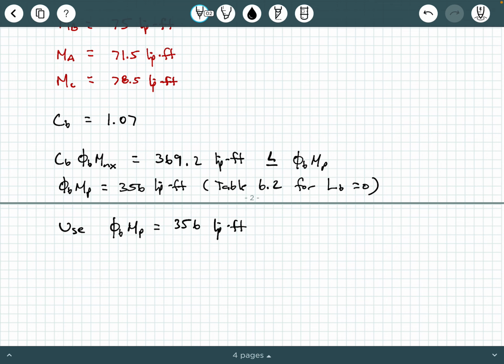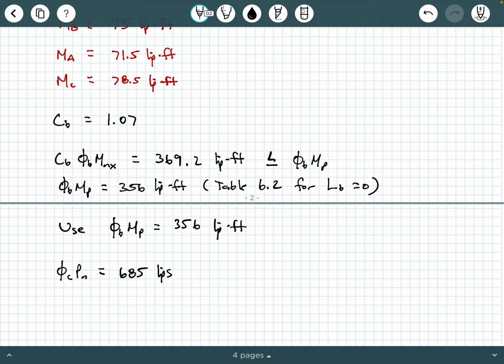Now from the same table 6.2, we need to get our axial compressive strength. I'm still on that same page in my steel manual, for an effective length of 14 feet. My phi CPN, same table, but on the left side of the table, is going to be 685 kips. Okay, so make sure you see where we are in this table.